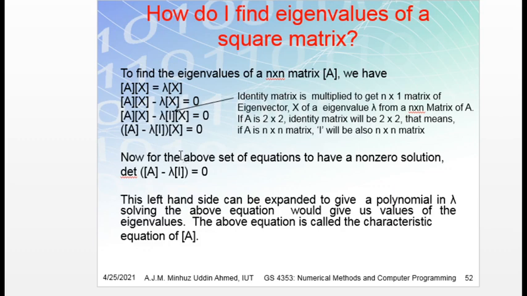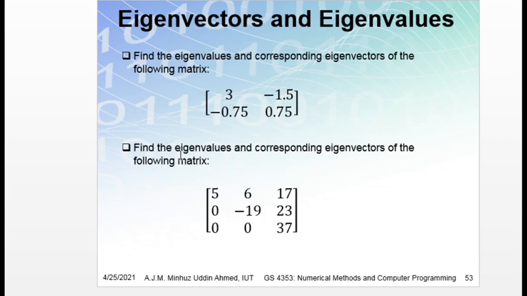So now we'll be finishing our today's lecture by conducting 2 math examples. Hopefully we will be able to conduct 2. If we don't get enough time, then we'll just stick to 1. So let's start with this one. Find the eigenvalues and corresponding eigenvectors of the following matrix, this one.